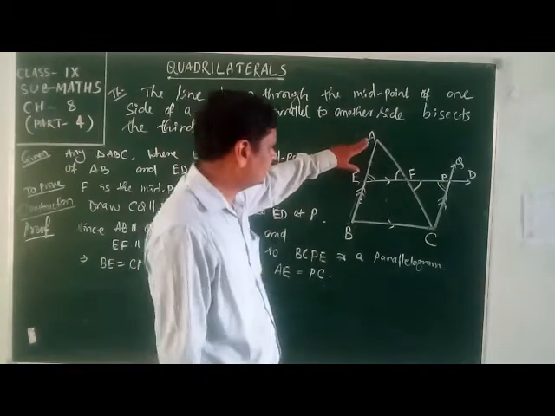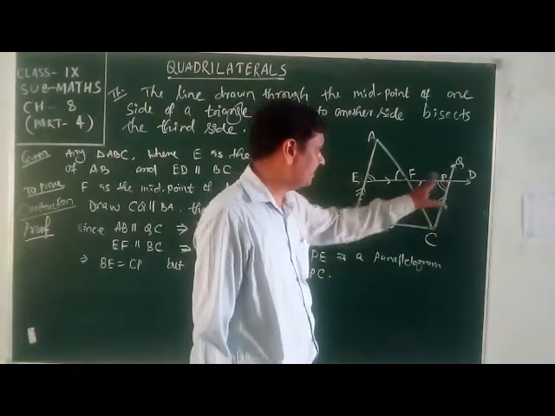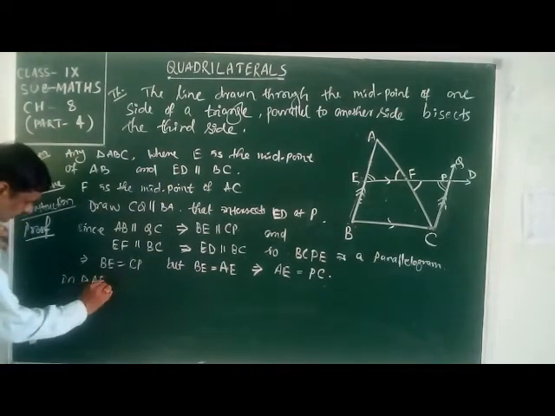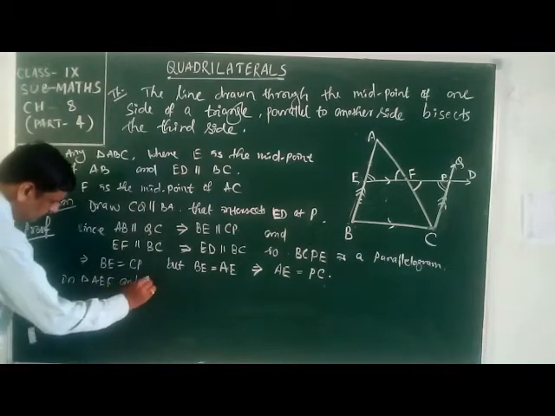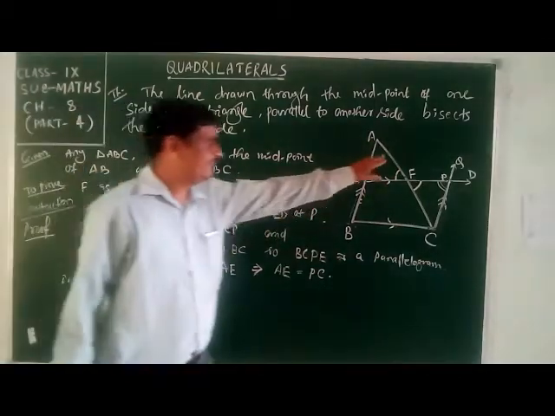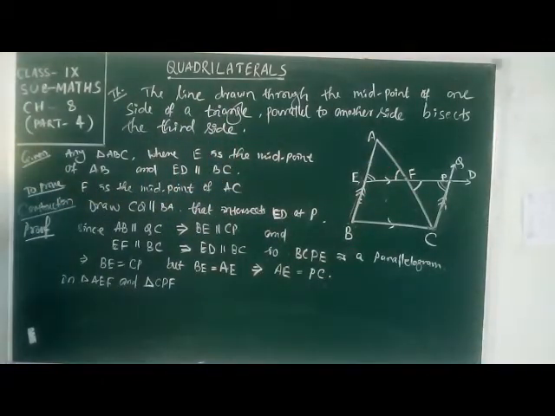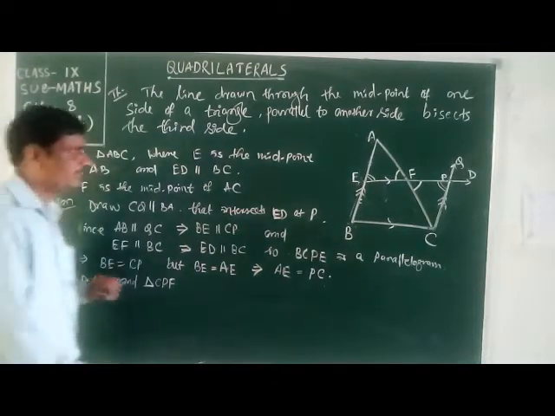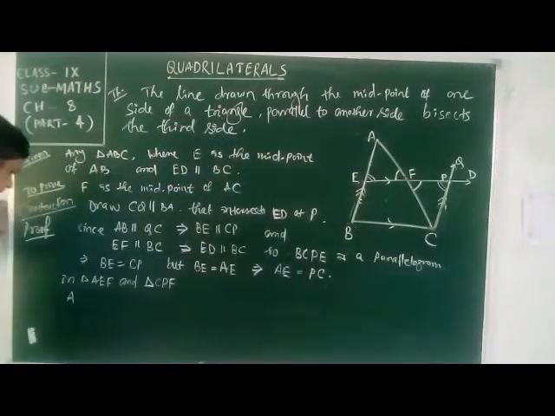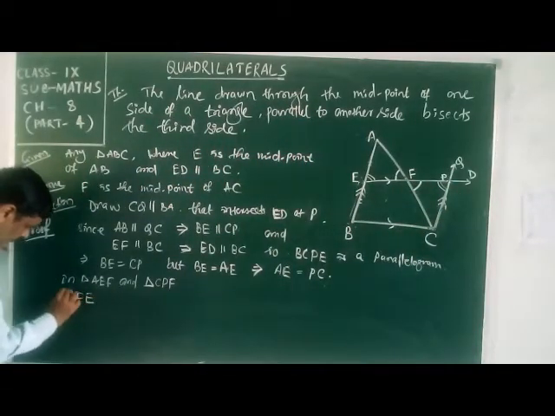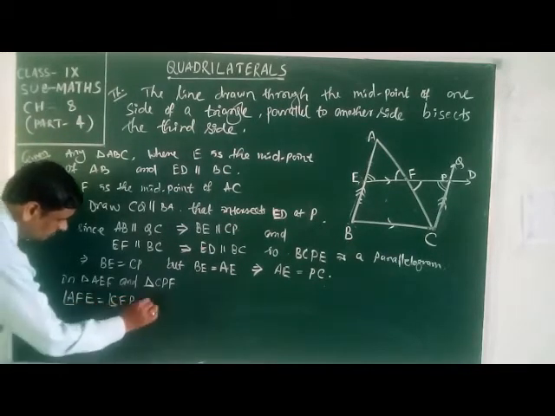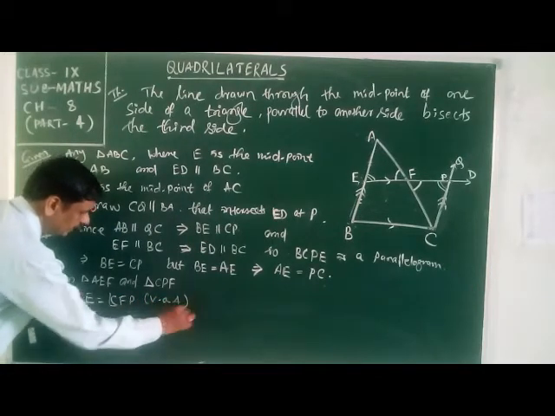Now we have to take triangle AEF and triangle CPF. In triangle AEF and triangle CPF, angle AFE is equal to angle CFP. They are vertically opposite angles.